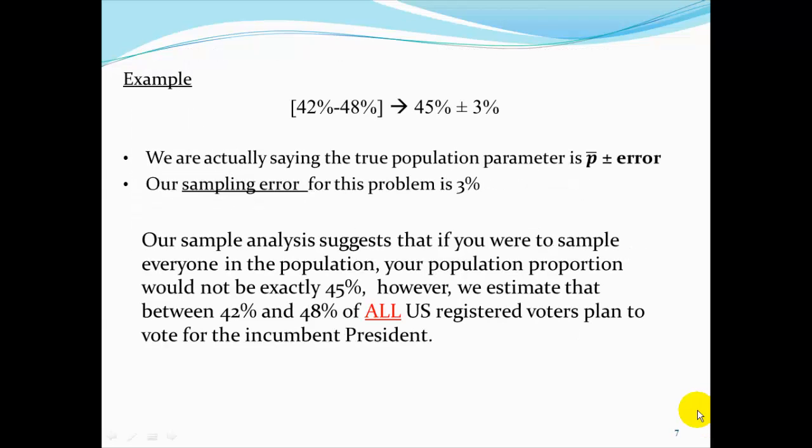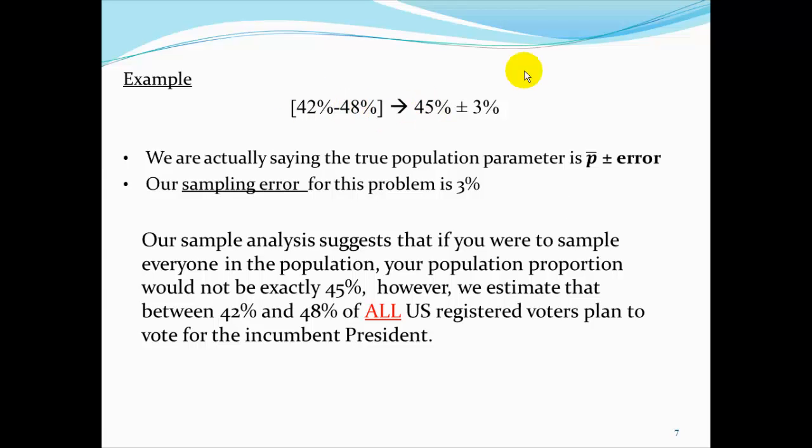For our example, we actually started with a 45% sample proportion estimate. The statistical inference techniques will allow us to use this estimate to create an interval for the true population parameter.